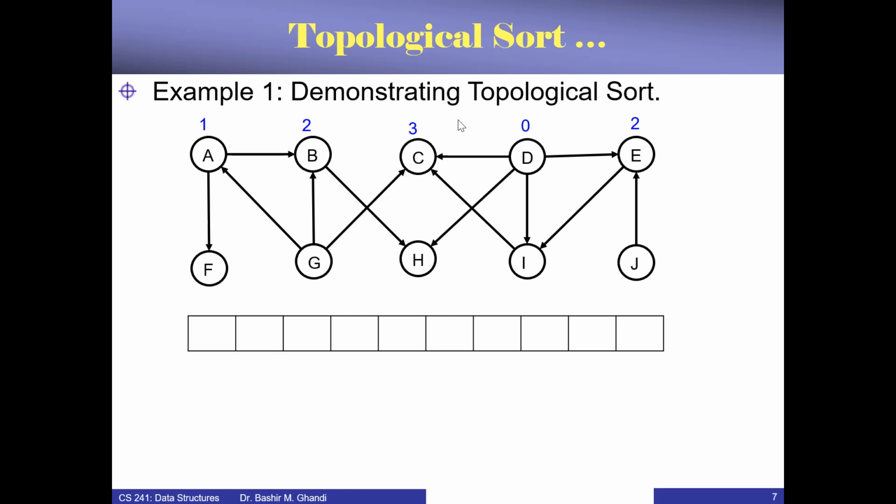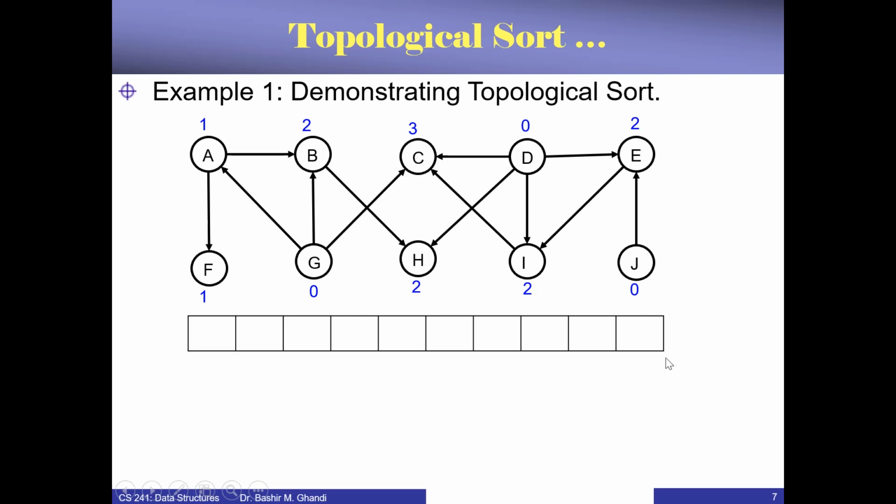E will have in degree 2, F has in degree 1, G is another vertex that has in degree 0. Okay, and then we have H, which has in degree 2, I with in degree 2, and J with in degree 0. Okay, so we have 3 vertices with in degree 0.